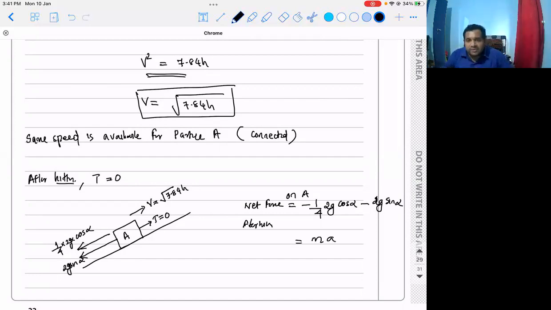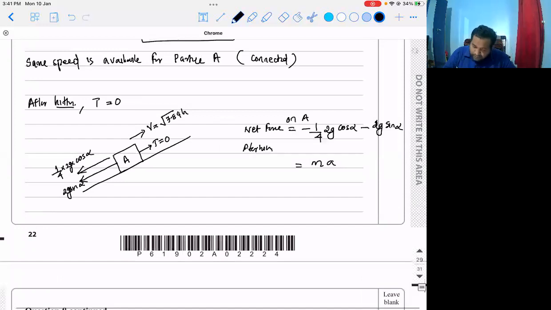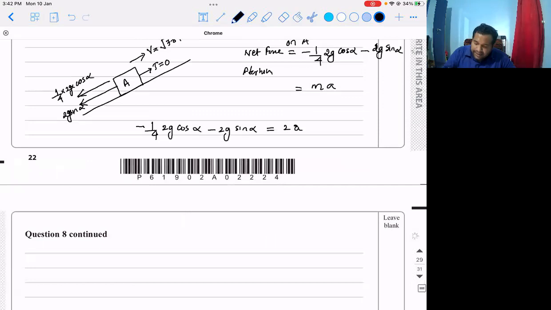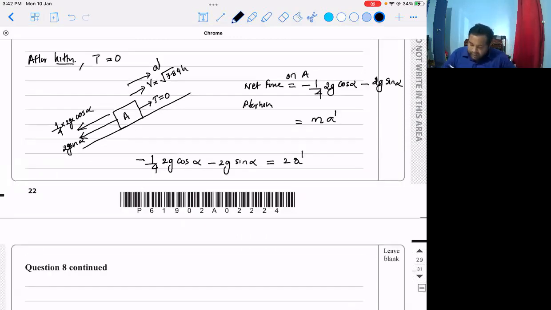So after hitting, the acceleration of particle A has now changed. So minus 1/4 times 2g cos alpha minus 2g sine alpha is equal to 2 times a. We can call this a dash. This is the acceleration, a dash. So please find that acceleration.